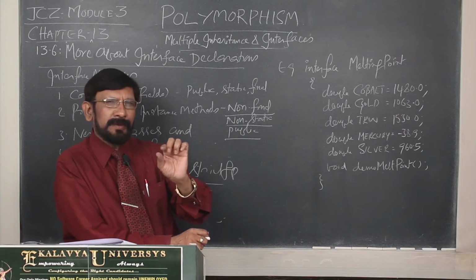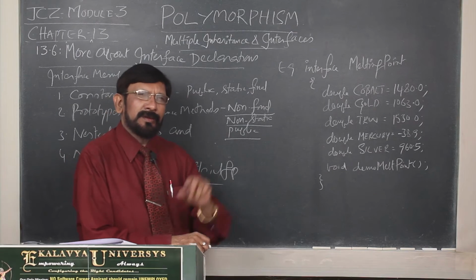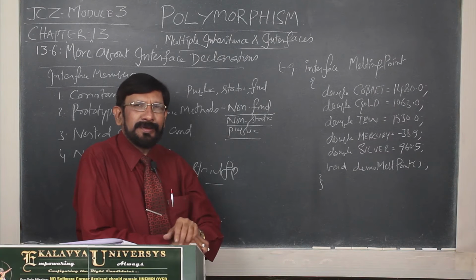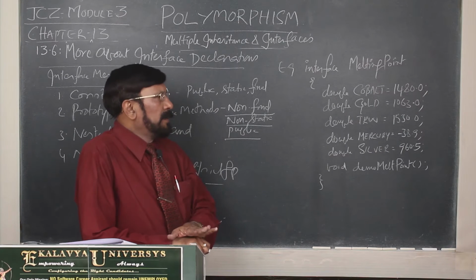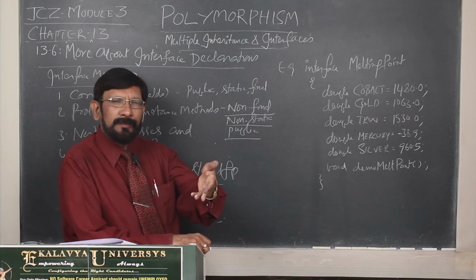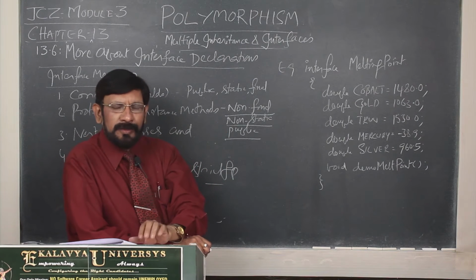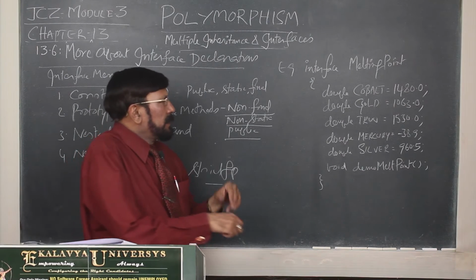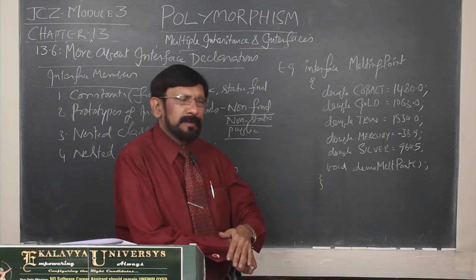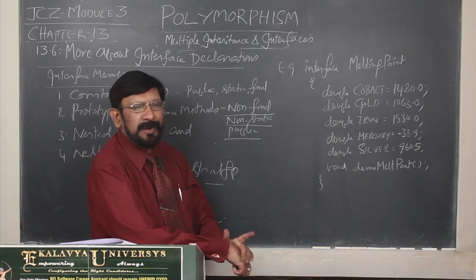By using enum constants, we define integer type constants, and if you do not give the values also, default values are applicable. In the same manner, here in the interface we can define a list of constants like this.